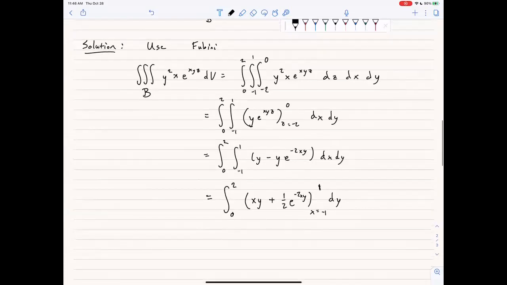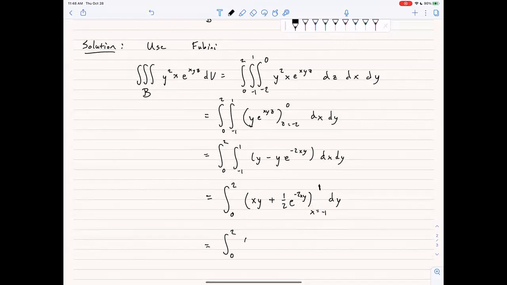All right, so let's evaluate that, 0 to 2. Here I'm prone to make mistakes if I don't write this x here. When you have many, many variables floating around, it's good to remember what you're evaluating with respect to by just writing it down. So I'll start at the 1.